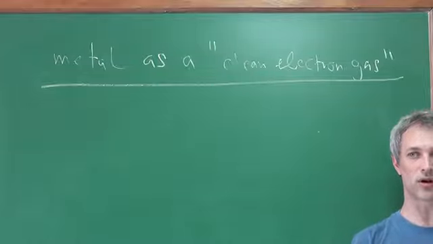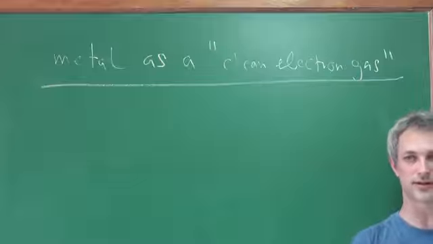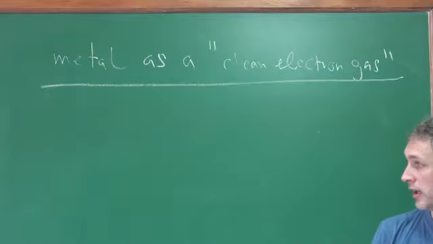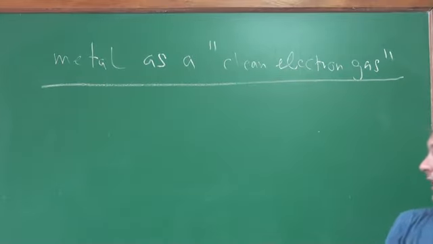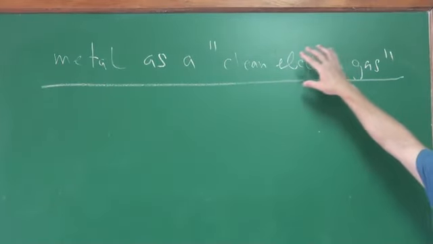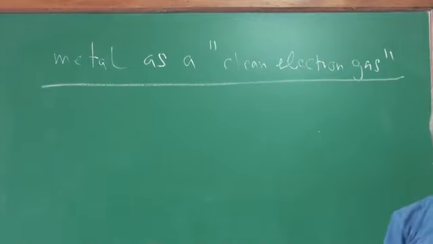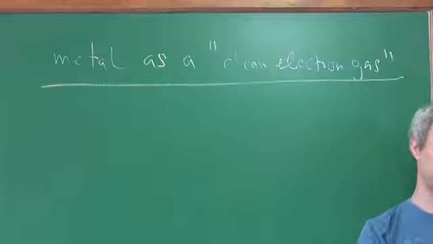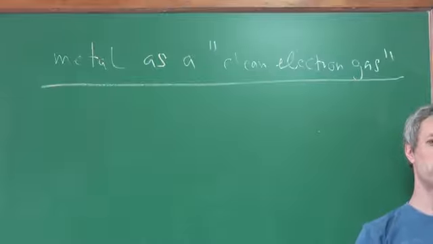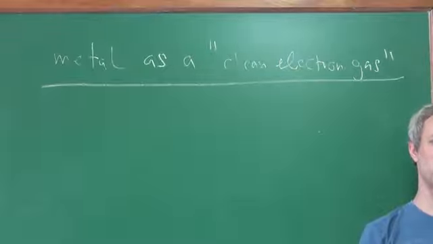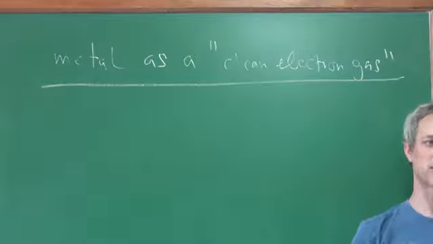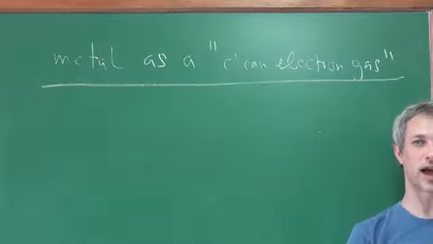So let's just talk about the electrons moving freely and interacting with each other, and this is the notion of the clean electron gas. Still, one has to take into account that the electrons are charged, but the overall system that we are considering is charge neutral, so the electron charge is just compensated by the ions of the lattice.